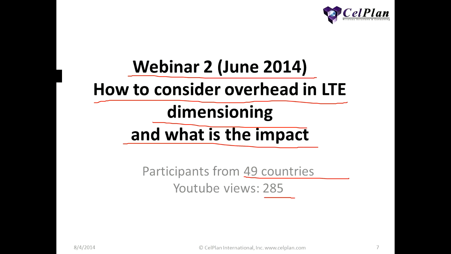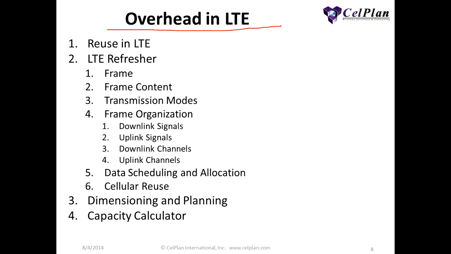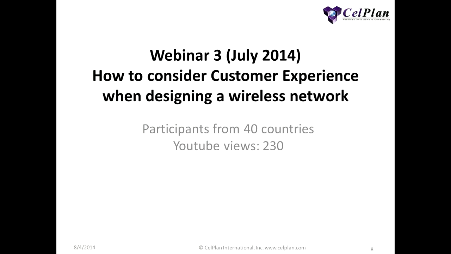You will see that this overhead can be overwhelming, can be 40, 50, 60% of the capacity. So it's very important that this is properly dimensioned, and that's what we did in this webinar. We explain about the construction of the frames, the cellular reuse, and so on, and then we explain all the overheads, or the major overheads, and we showed you the capacity calculator.